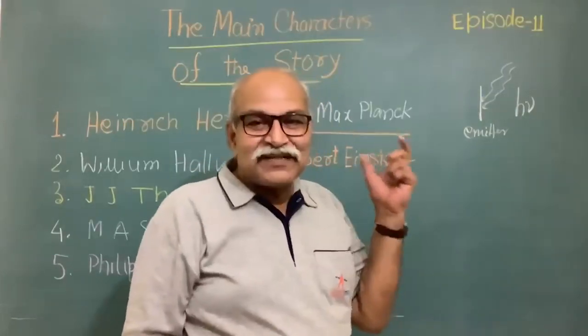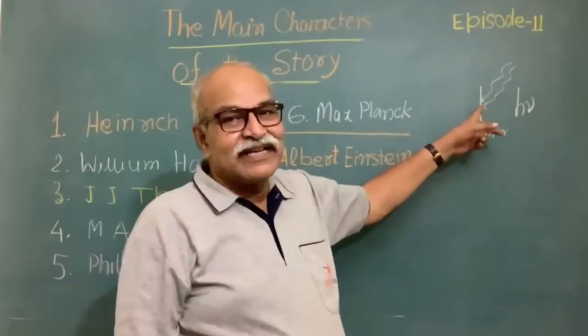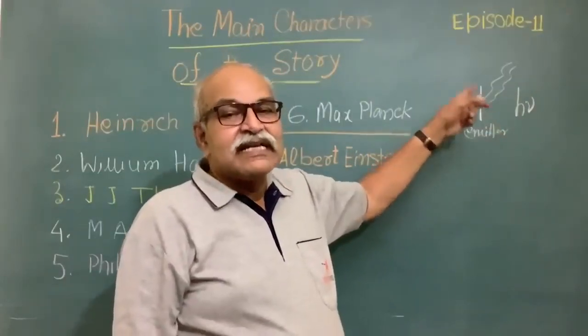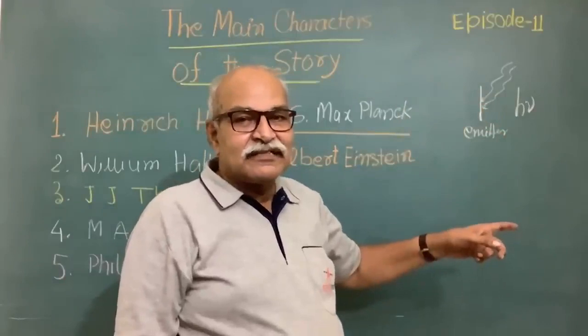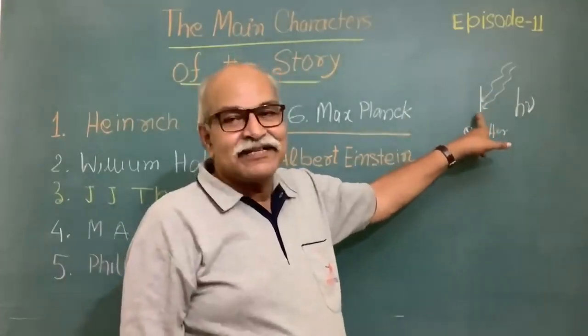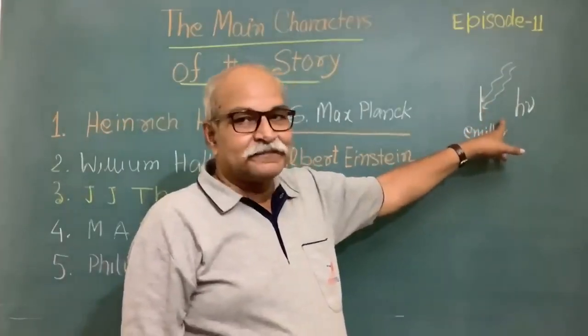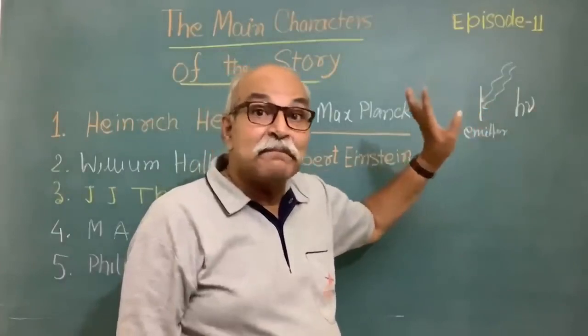Breaking that bonding will need energy. That energy is called the work function. The minimum energy which is required just to overcome this bonding with the metal is the work function. So that energy is spent there.